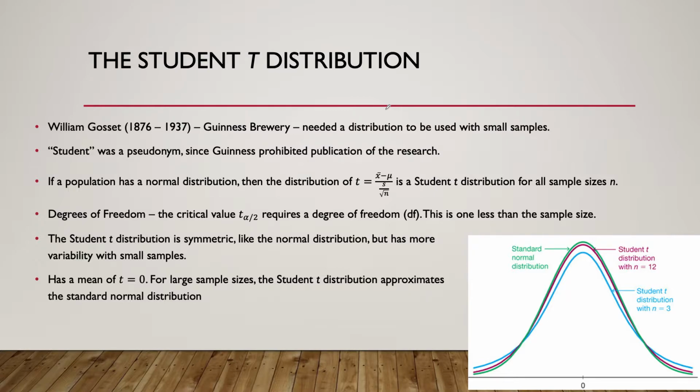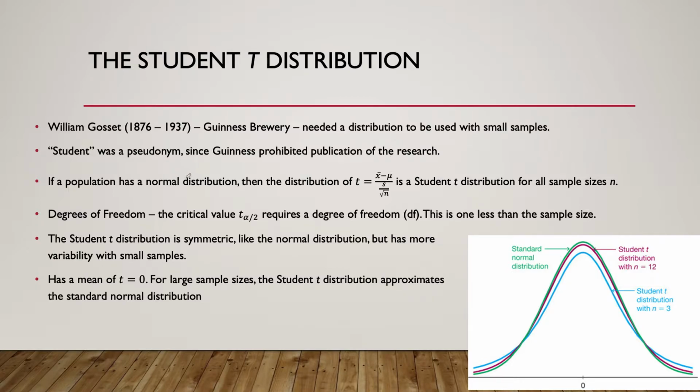He was trying to find a distribution that could be used with small sample sizes. And he published it under the pseudonym Student, since Guinness prohibited the publication of the research, since it would technically be considered a trade secret, since it was researched there with respect to the company.